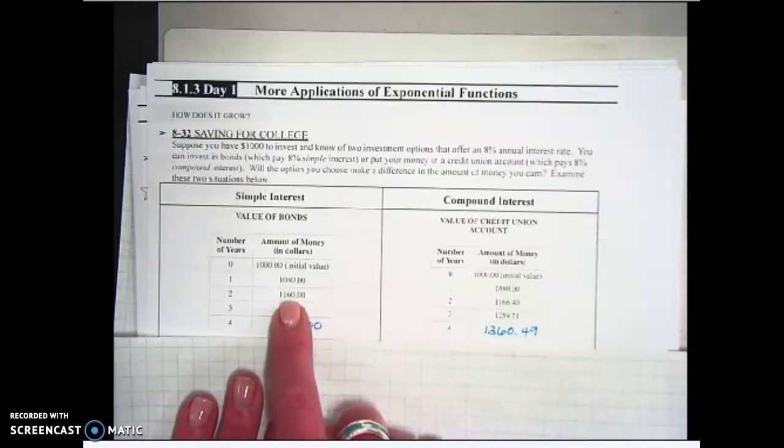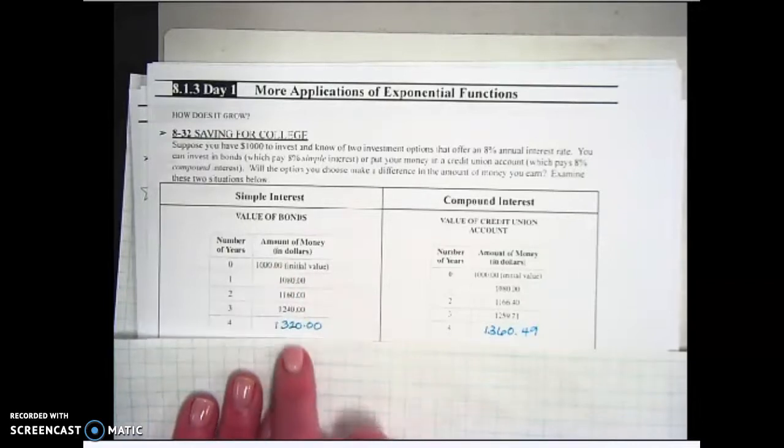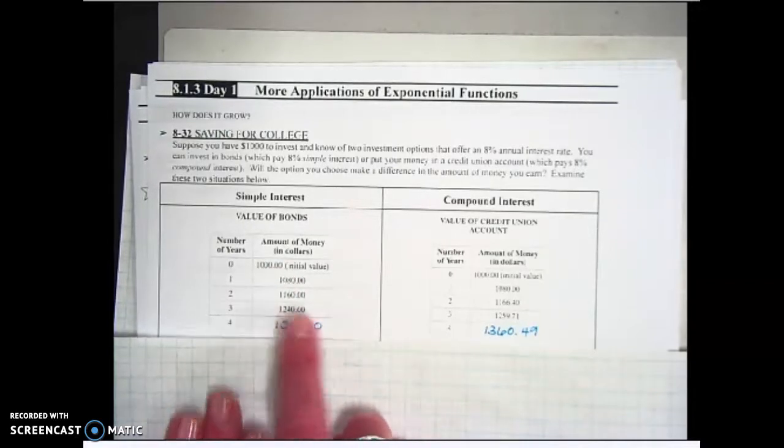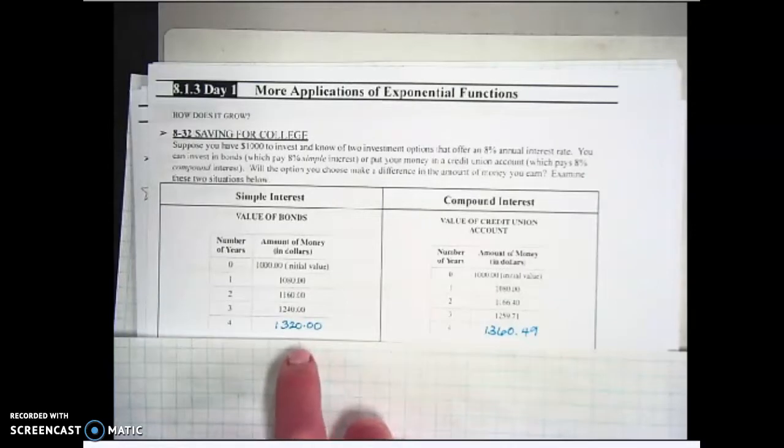Then from 1,160 to 1,240, how much was added? 80. You guys see it's just adding 80? So if you take 1,240 and you add 80, you're going to get 1,320. Okay?